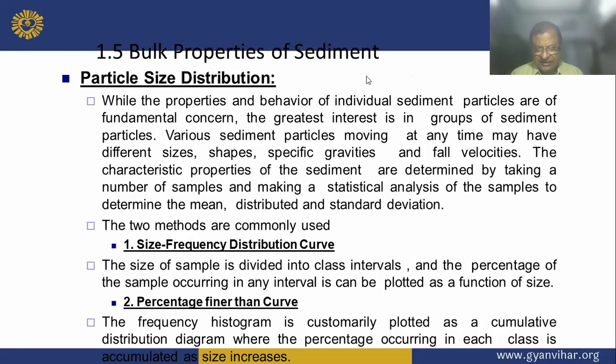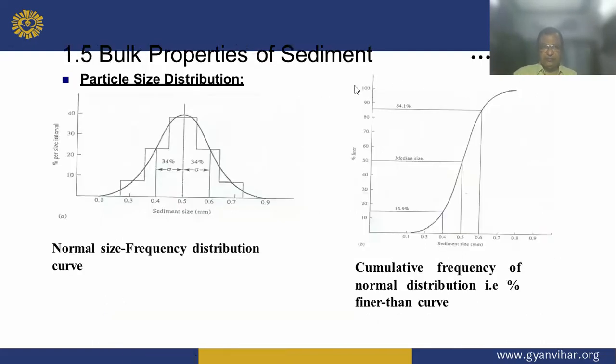The simple method is the percentage of the sample falling in each size interval, plotted as a fraction. The percentage can then be plotted, and the frequency histogram is currently available. This is the property of sediment.